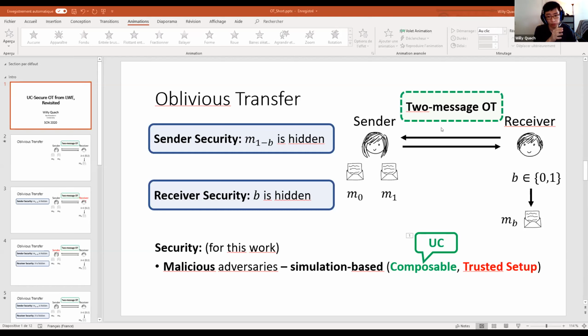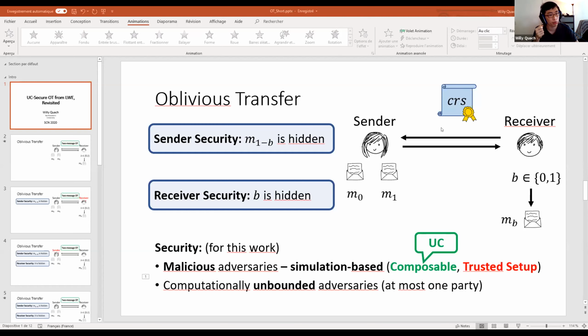So the cost of having this composability property, so that the oblivious transfer can be securely executed within a much larger protocol, is to require a trusted party to generate a CRS honestly.